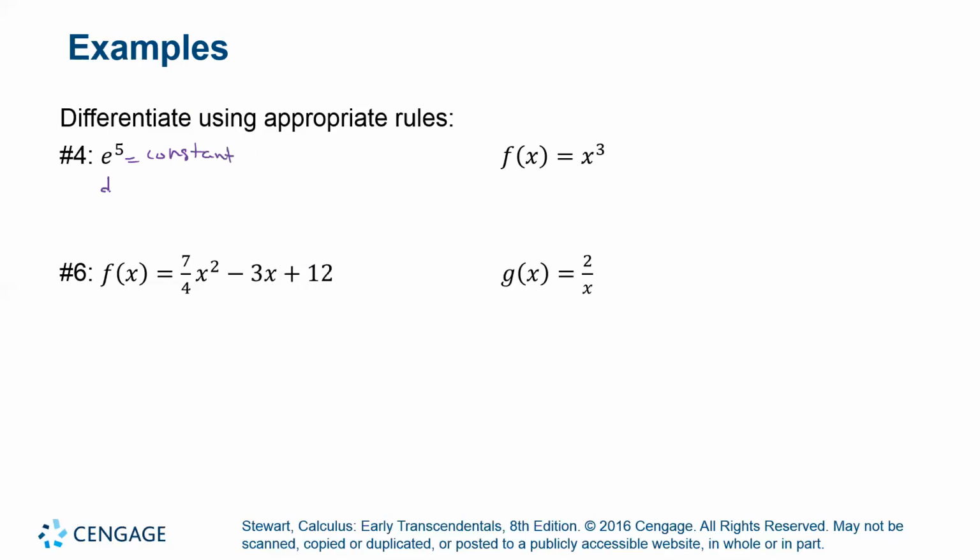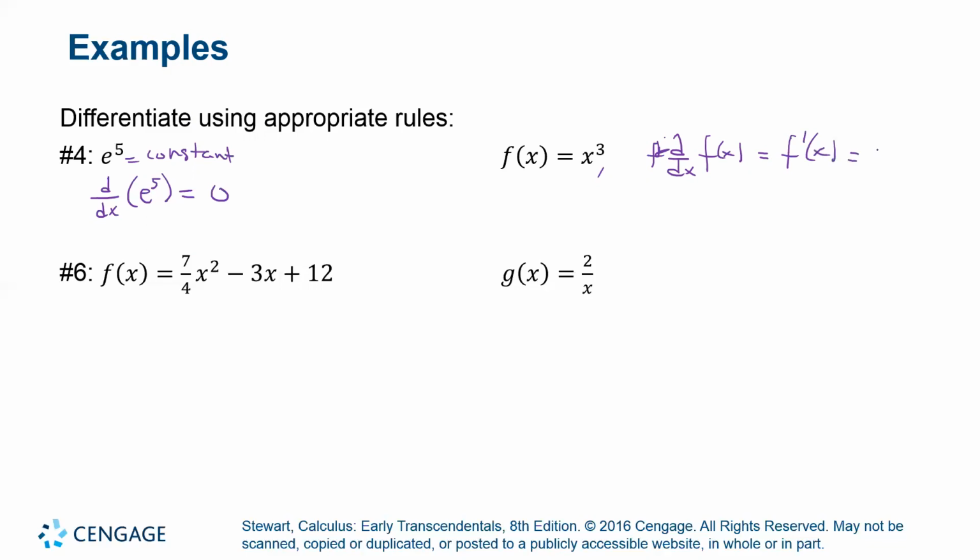And so the derivative of that, if I differentiate this with respect to x, this is going to be 0. Okay, now if we want to differentiate this, what is f prime? This is the derivative of the operator of f of x, which is the same as f prime of x.